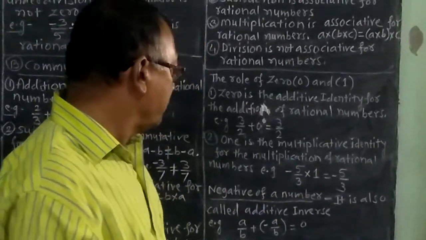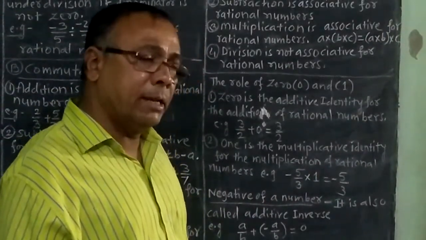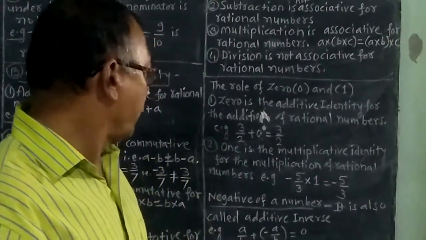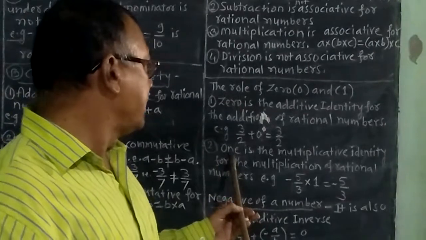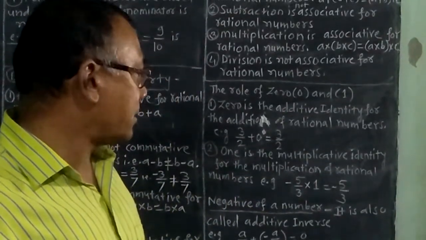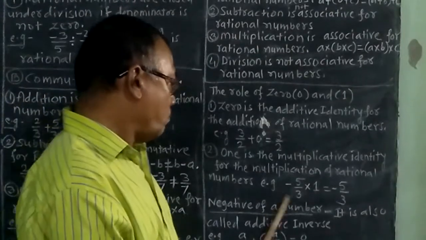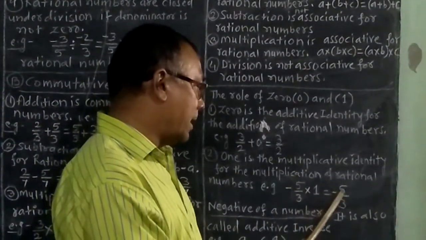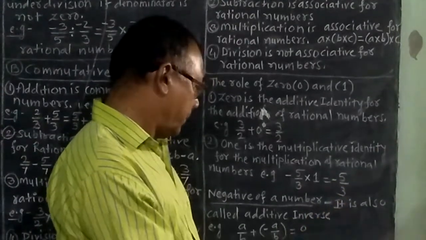Multiplicative identity means if we multiply any number by 1, then its value does not get changed, and therefore 1 is called the multiplicative identity for the multiplication of rational number. For example, minus 5 upon 3 into 1 is equal to minus 5 upon 3.